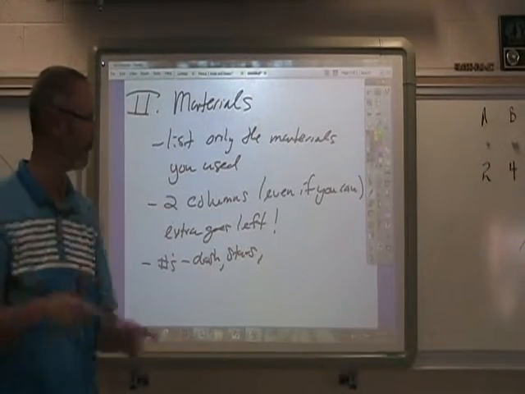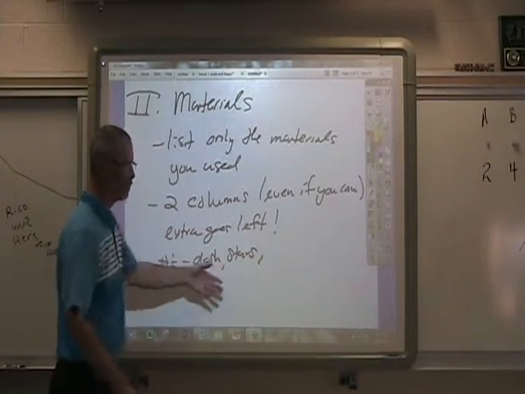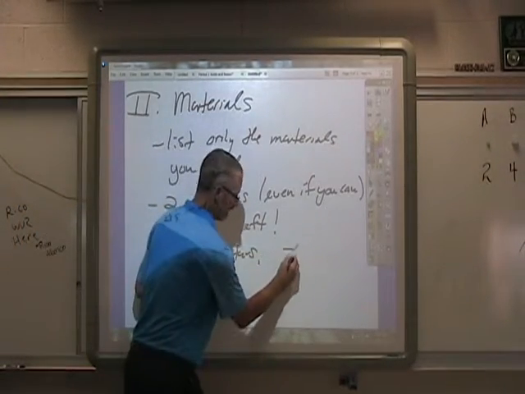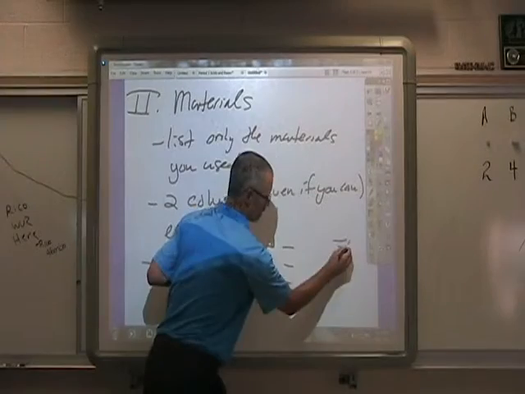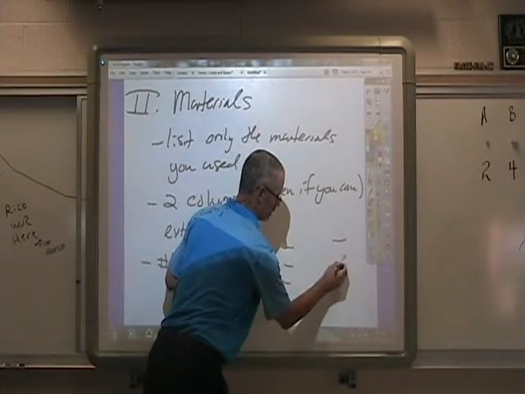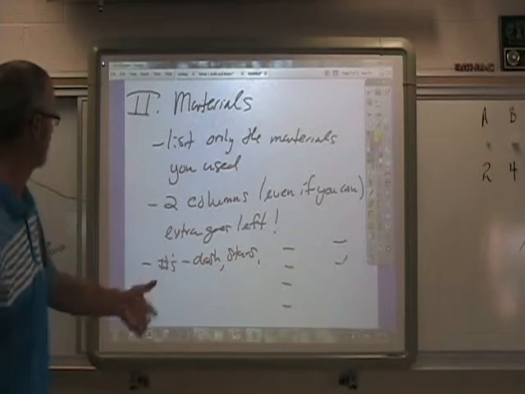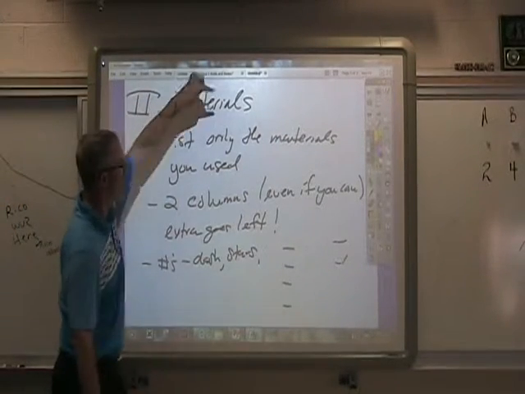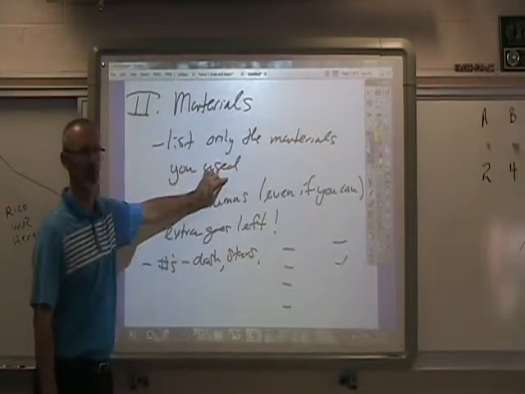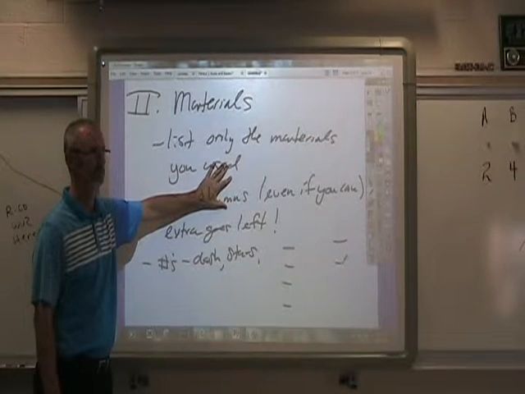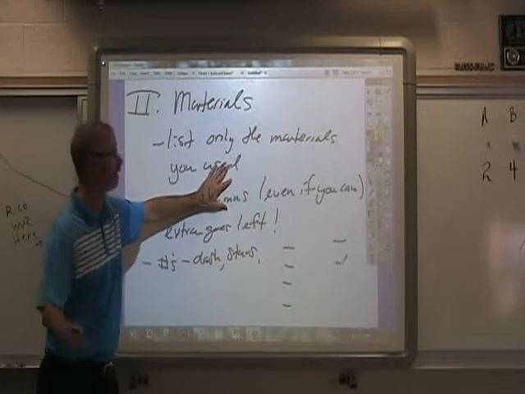So you can do anything you want. It might look like this, or any character you want. It doesn't have to be numbers. You are simply listing the materials you used. It'll be just like this in college. So pretty easy right there.